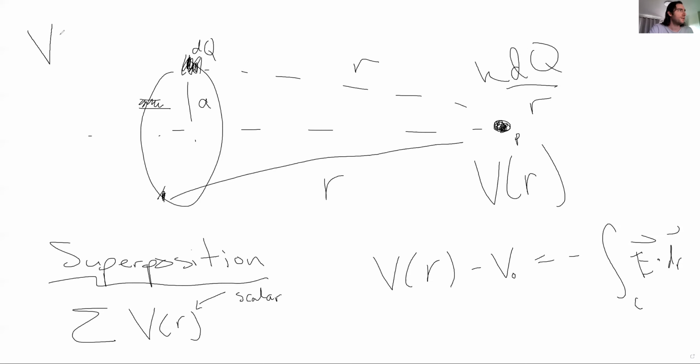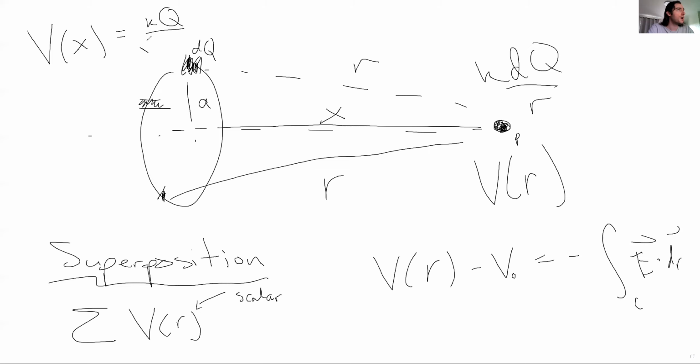So the answer here for V, and actually they write it as V of x here because they measure x along the x-axis, so they give it in terms of x. They actually write it as 1 over 4 pi epsilon naught, but we can write it as k.